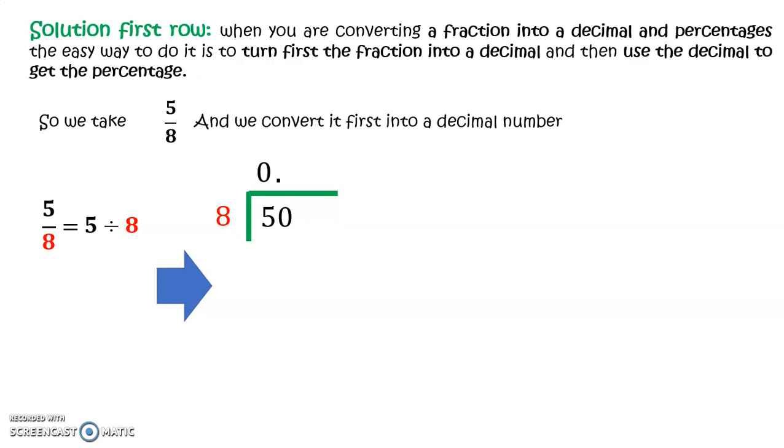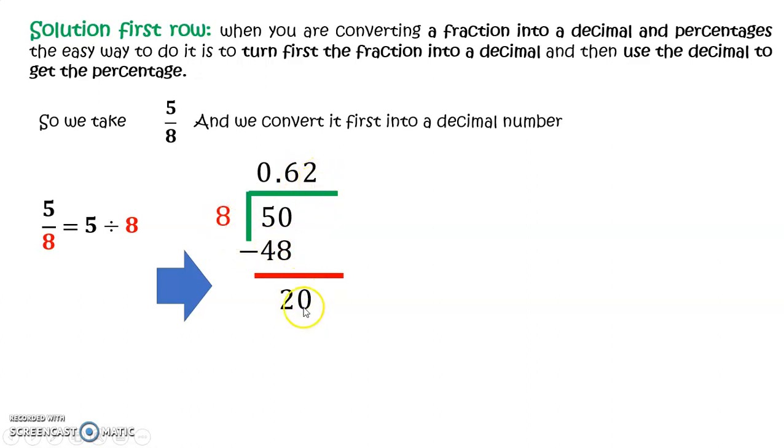So how many times does 8 go into 15? Exactly, it goes 6 times. So we place 6 here, we do the multiplication, 8 times 6 is 48, so we do the subtraction in this part of the division. 50 minus 48 is equal to 2. 8 doesn't go into 2, so what we have to do is place a 0 here. So 8 goes 2 times into 20.